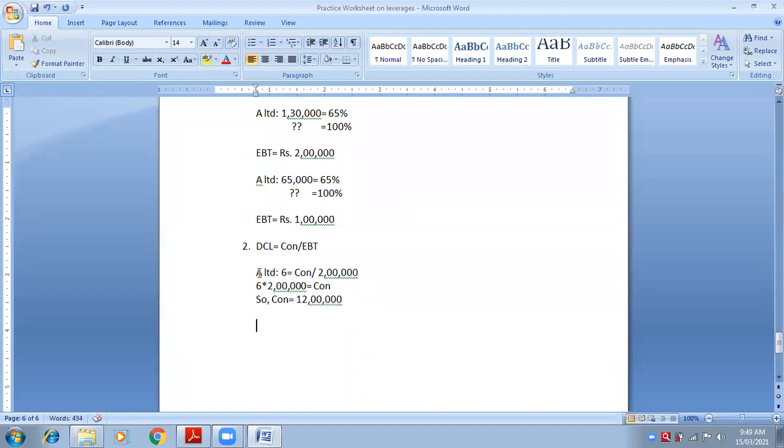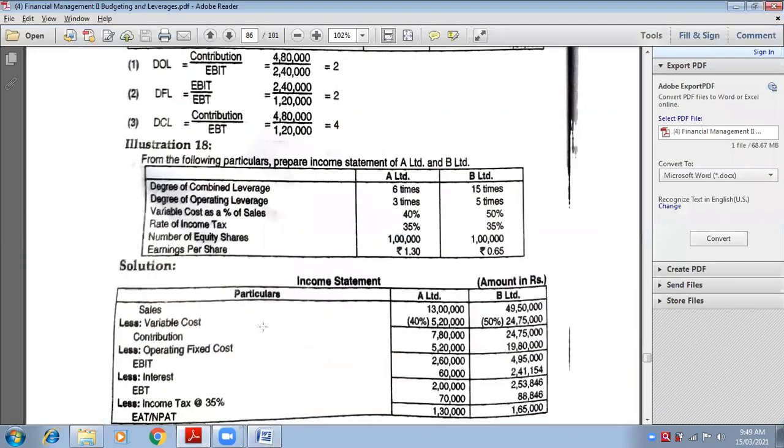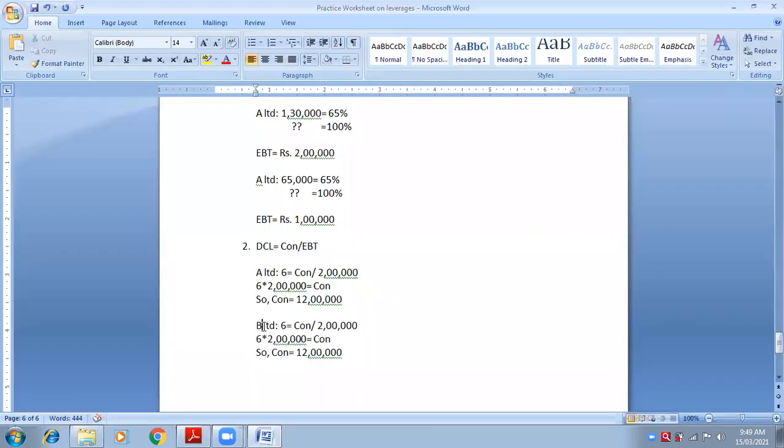Similarly, we have to do it for B Limited also. Come on, tell me, what is DCL of B Limited? 15 times. Very good. So here we will write 15, contribution upon EBT. Contribution we need to find out. And what is EBT of B Limited? We have calculated 1 lakh.